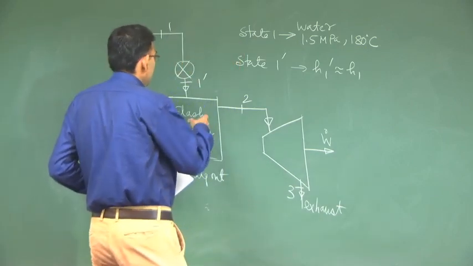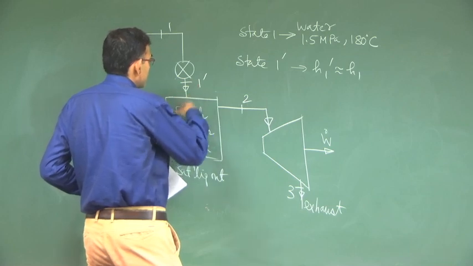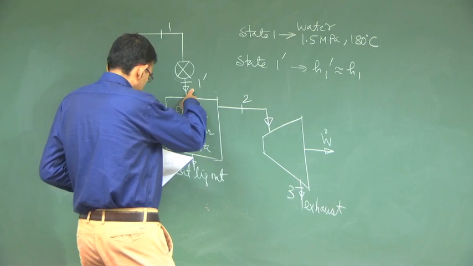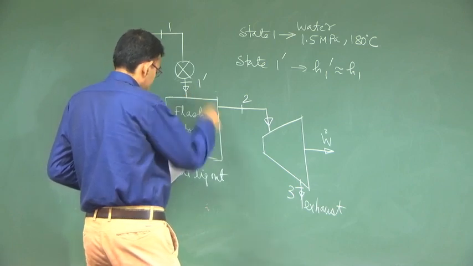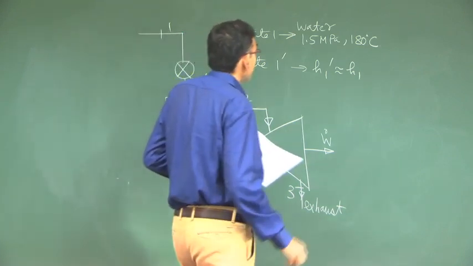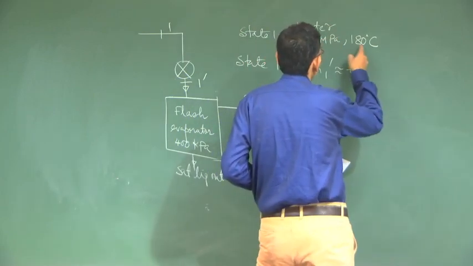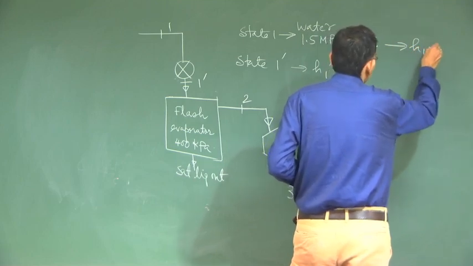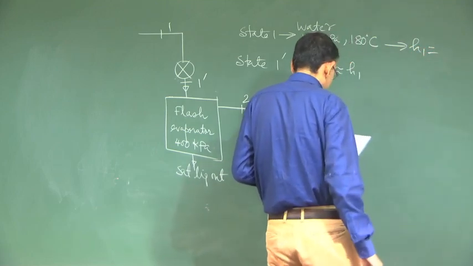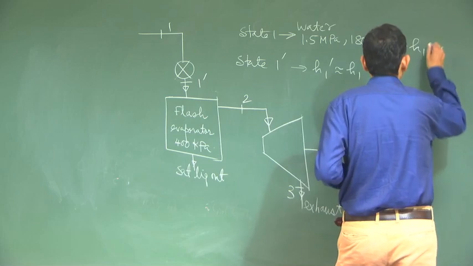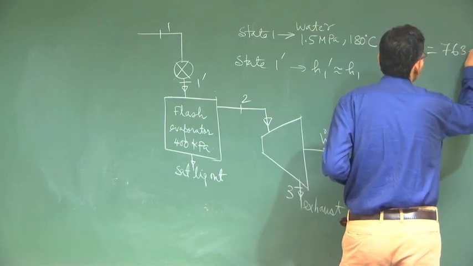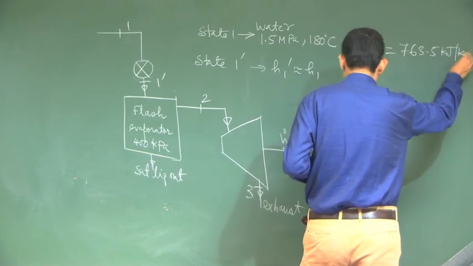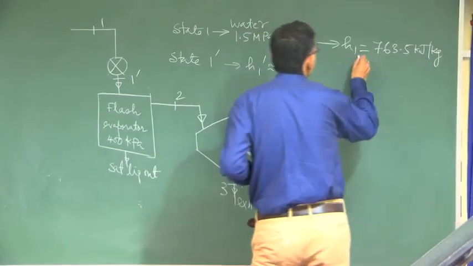So, this entire process is throttled to 400 kilopascal, right. Water at 1.5 MPa, 180 degree centigrade will have H1 equal to 763.5 kilojoule per kg, from the table.